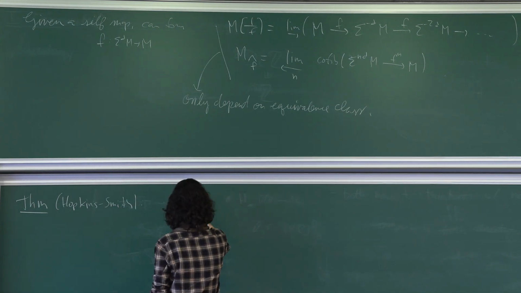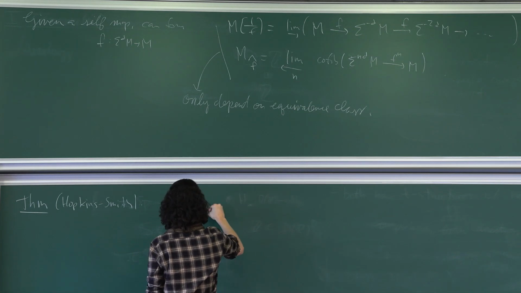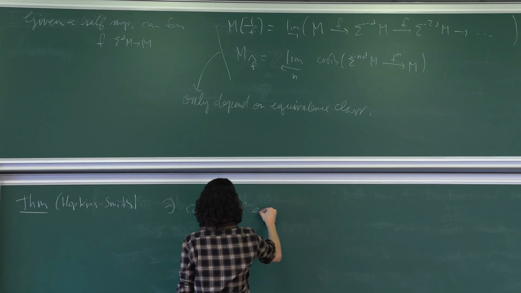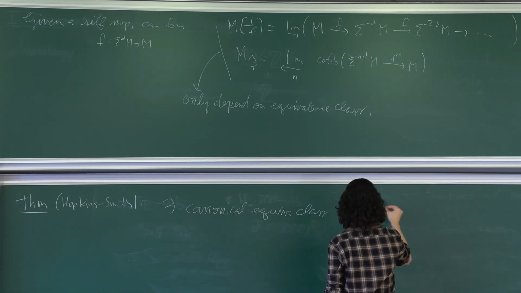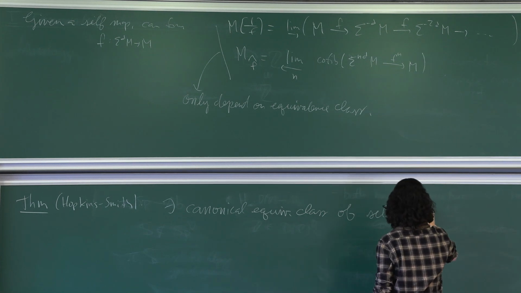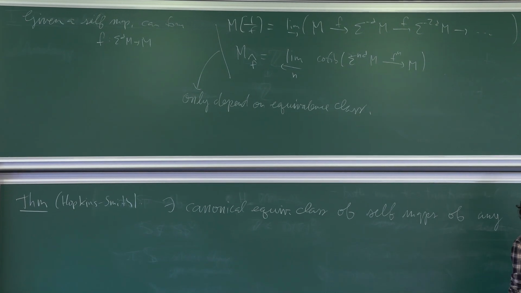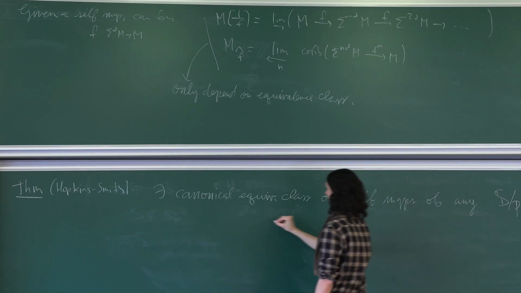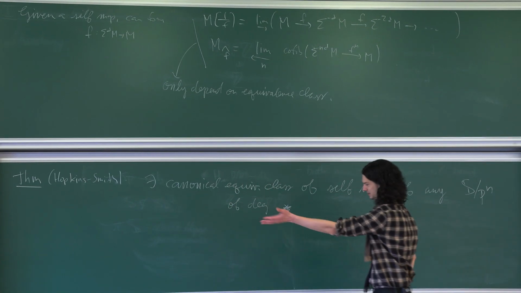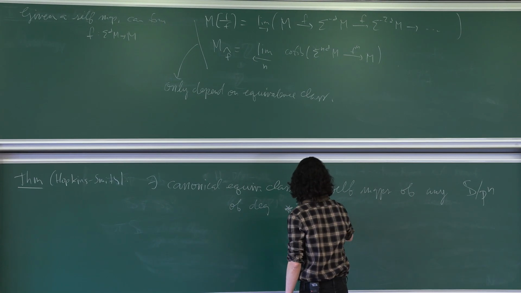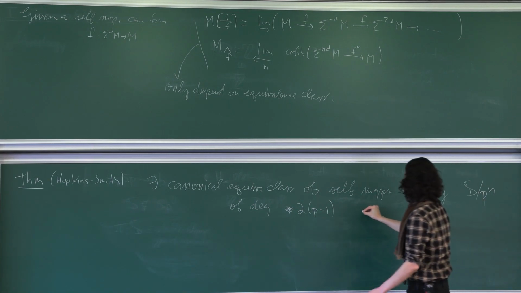It's not really relevant, but there exists a canonical equivalence class of self-maps of any S mod p to the n, and it's always of degree some multiple, which is not well determined because of the equivalence class, some multiple of 2 times p minus 1. And these self-maps are called V1.